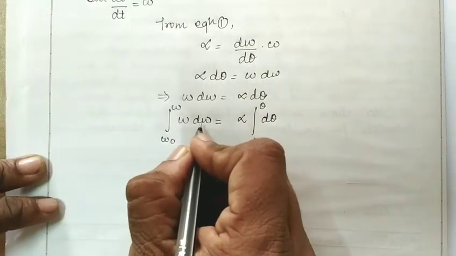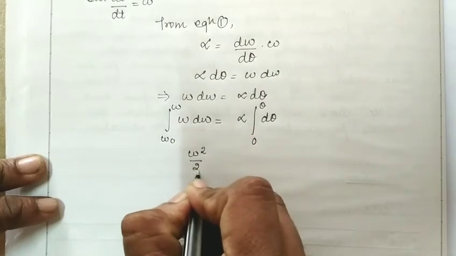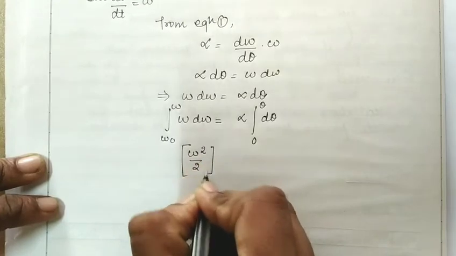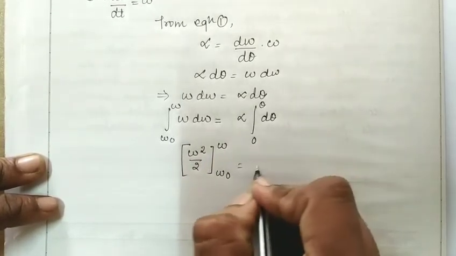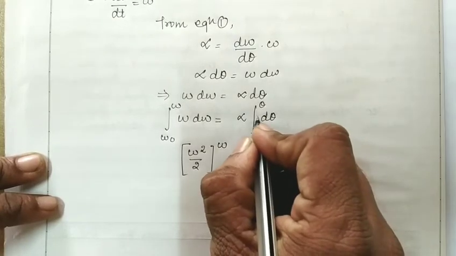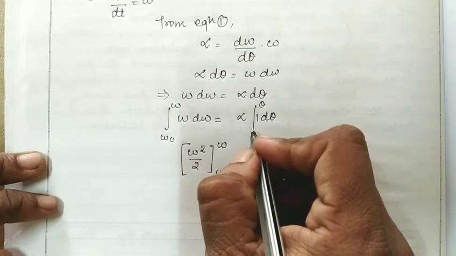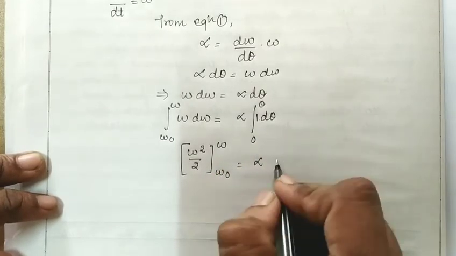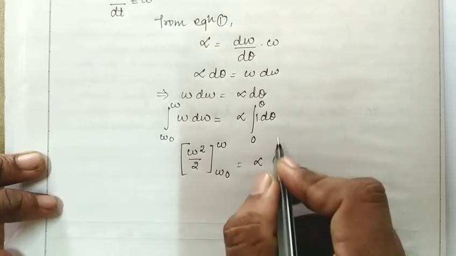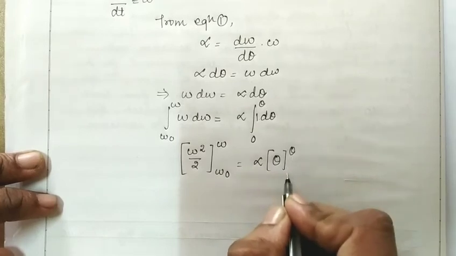Integrating omega with respect to omega gives omega square by 2, with upper limit omega and lower limit omega naught. Alpha times 1 into d theta, and 1 can also be written as theta to the power 0. So the integration of 1 with respect to theta is theta, with upper limit theta and lower limit 0.